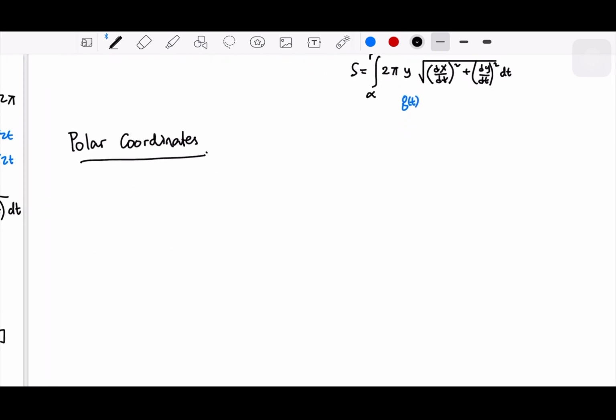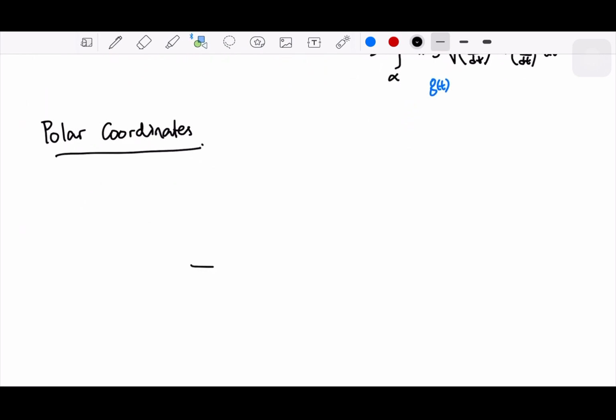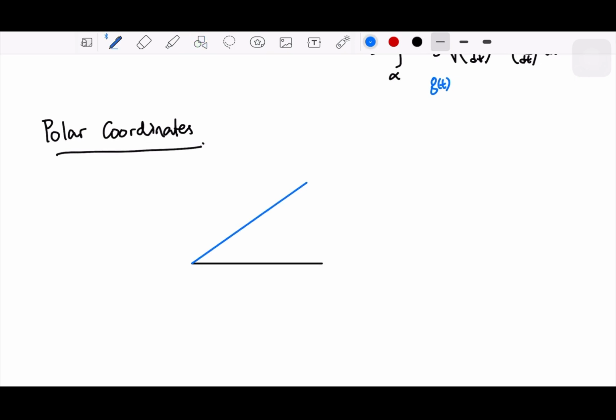Okay, so polar coordinates. Let me start with this picture. We call this horizontal line here the polar axis.